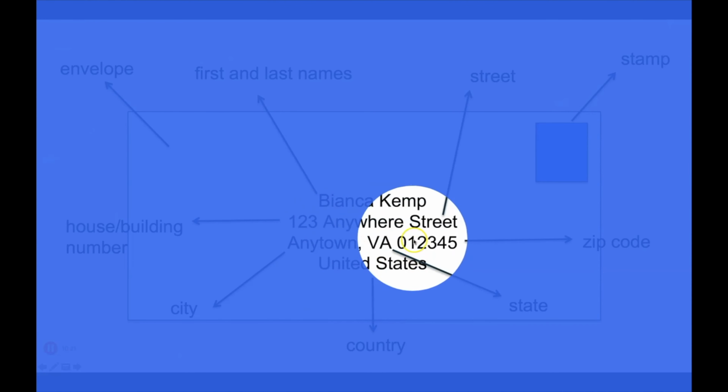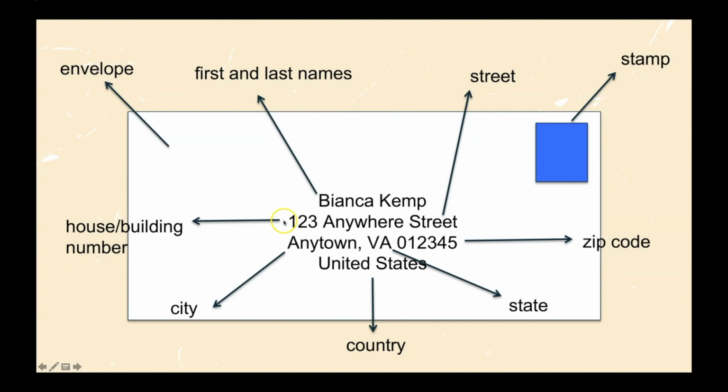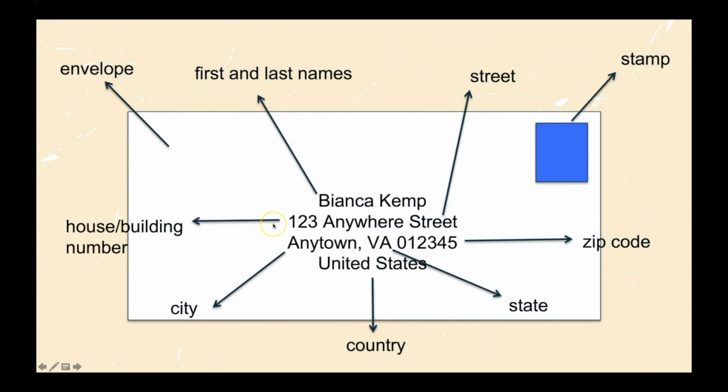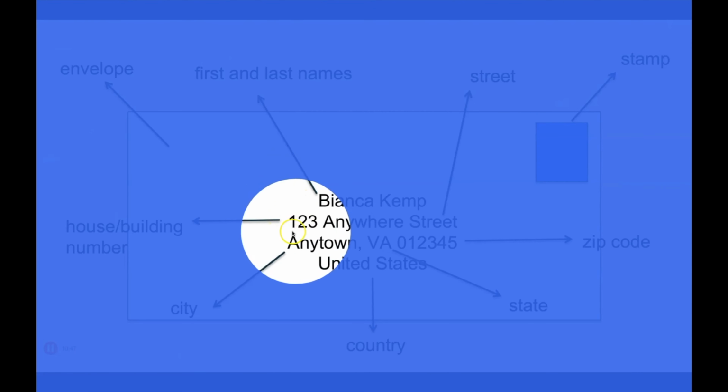But on line 2, this 1, 2, 3 is what we call the house or building number. If you remember what a house is, what a building is, this is the number.